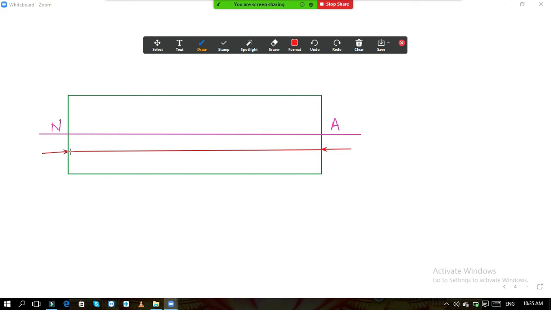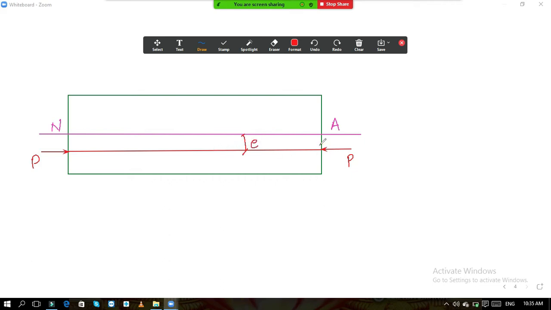So this is your stressing force P. Now this is your eccentricity e. From the neutral axis or centroidal axis we always calculate the eccentricity.